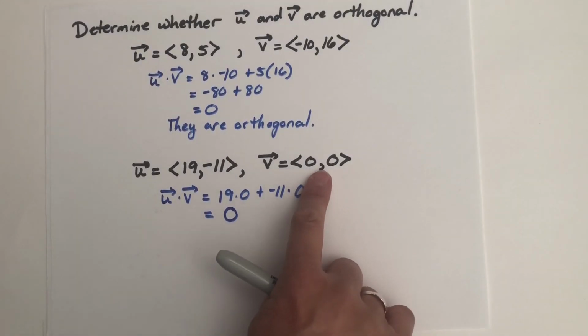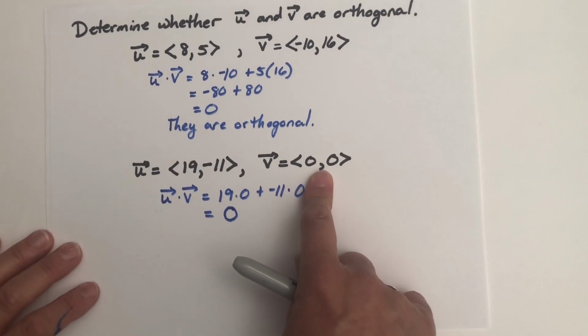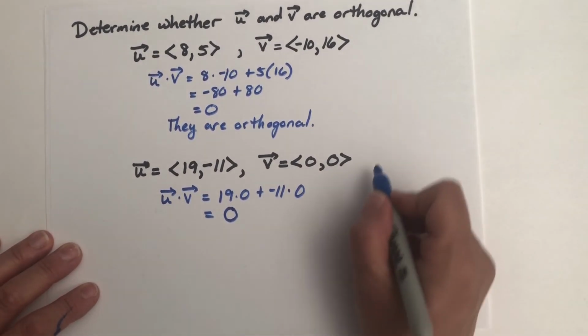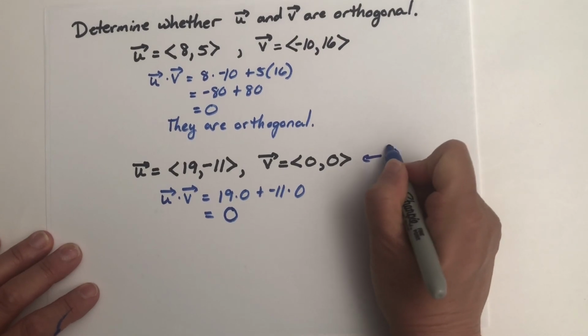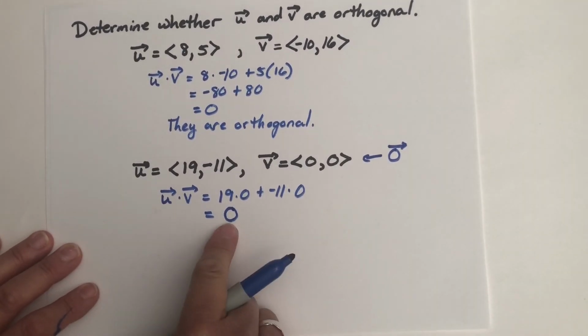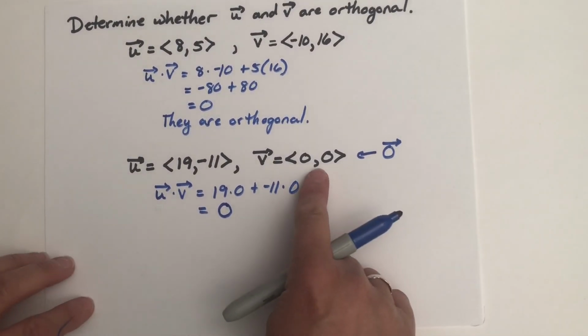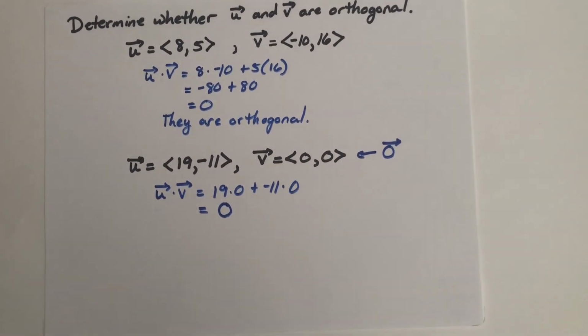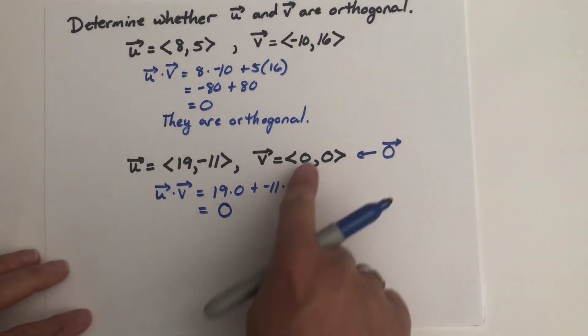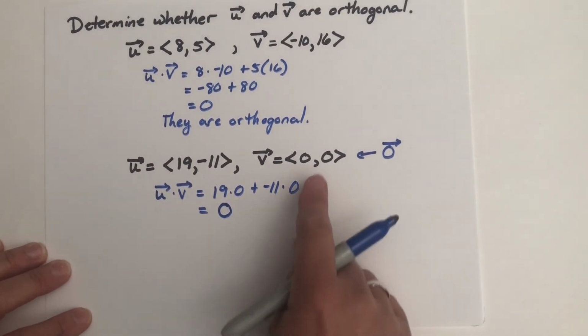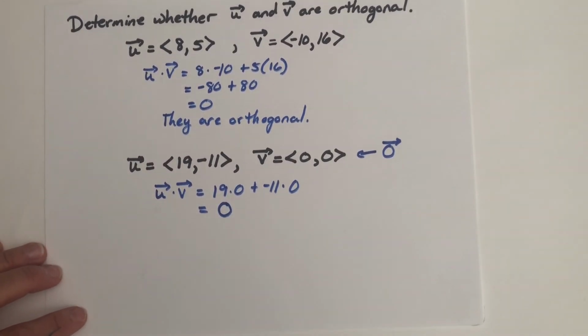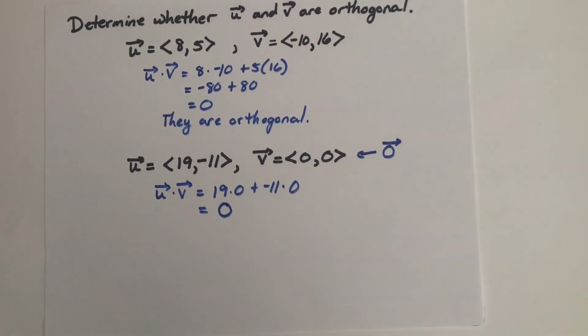I called it the vector v, but I could have just called it our 0 vector. We get 0. So it turns out, even though this vector doesn't have a direction, we consider it to be orthogonal to 19, negative 11, and in fact we consider it mathematically orthogonal to any vector, which is kind of entertaining. So I hope you will go practice working some problems that use the dot product.